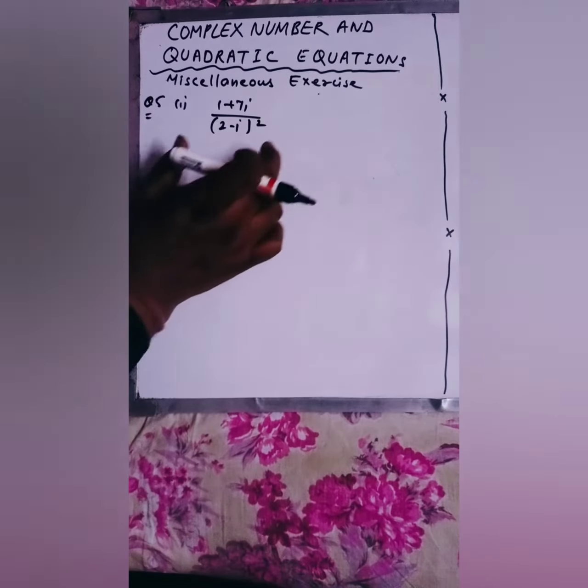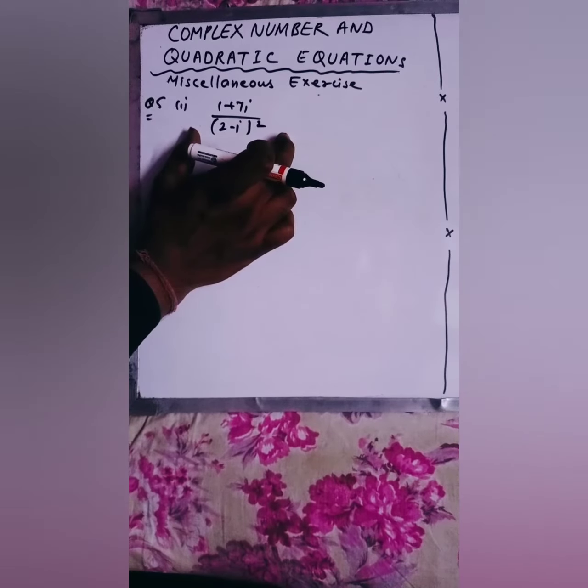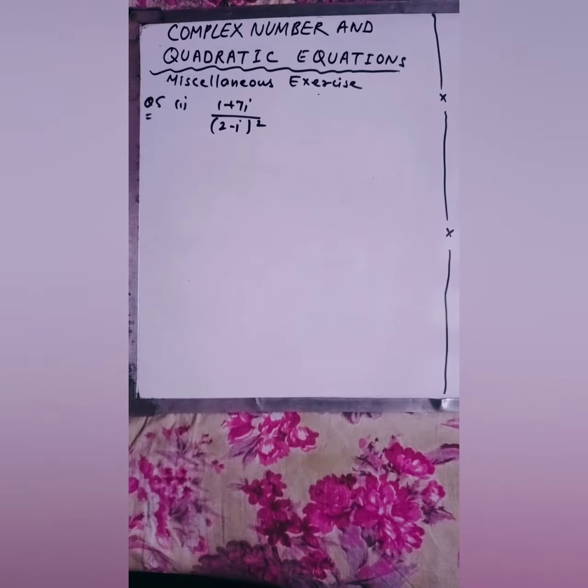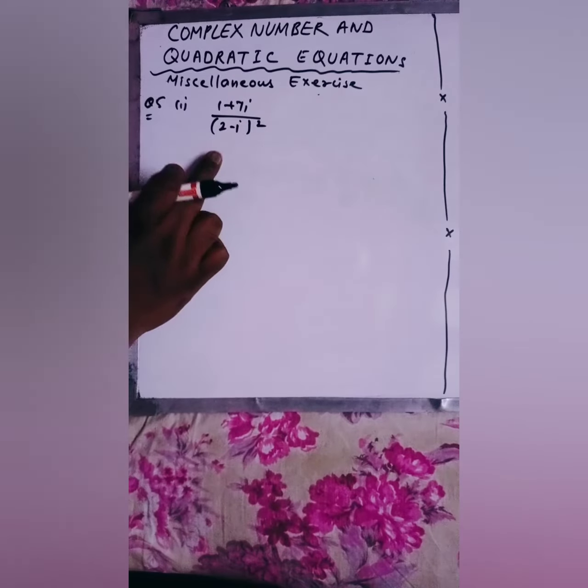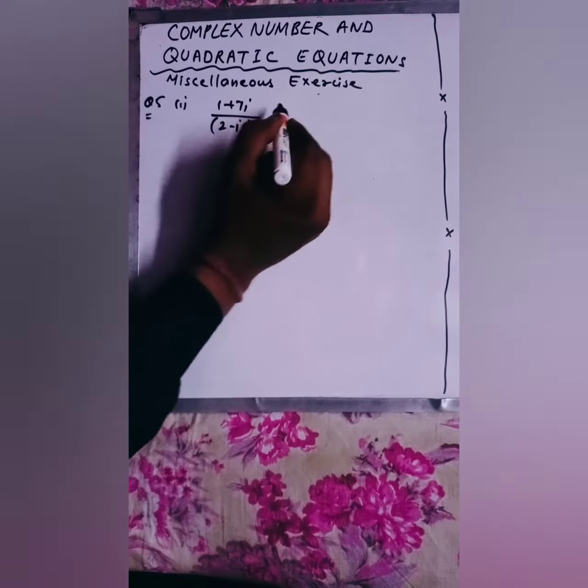This is a very simple question. Here this is given to you and you have to convert it into polar form. First of all, you have to convert this into standard form. So we are assuming that this is z.